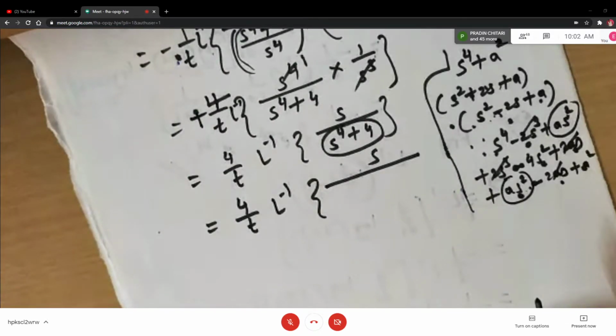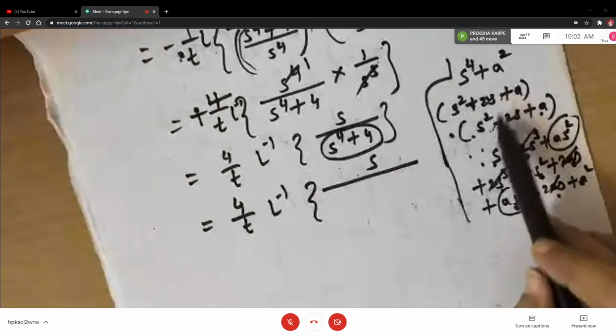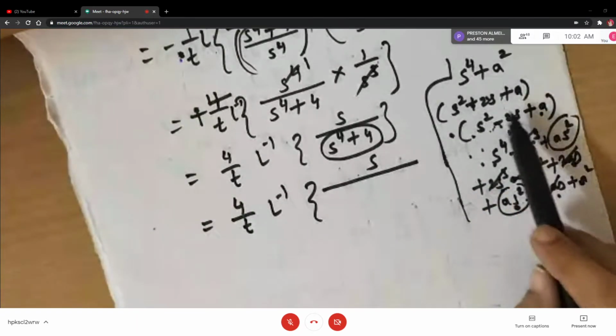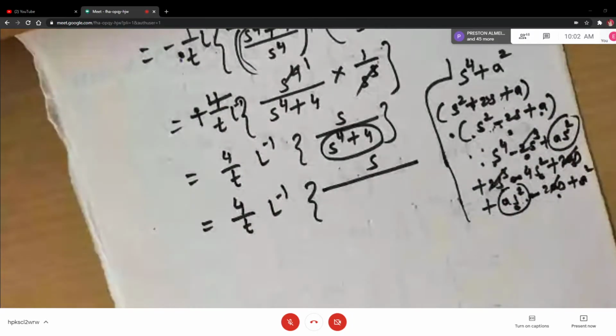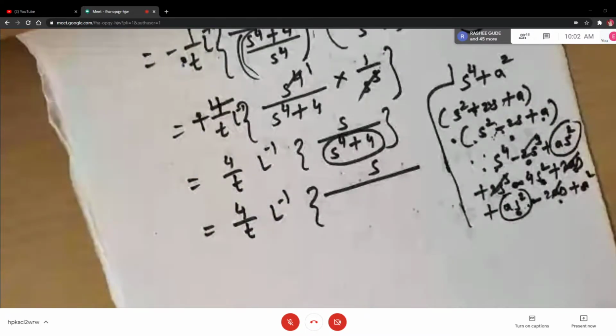What I'm doing, are you understanding, students? I'm trying to get some factors for this term s raised to 4 plus a square, so that I can use partial fractions in the next step and get the L inverse, right? So see if you can work it out.